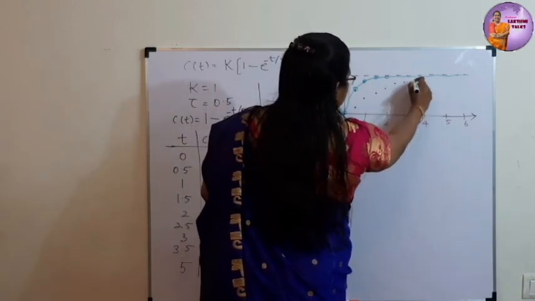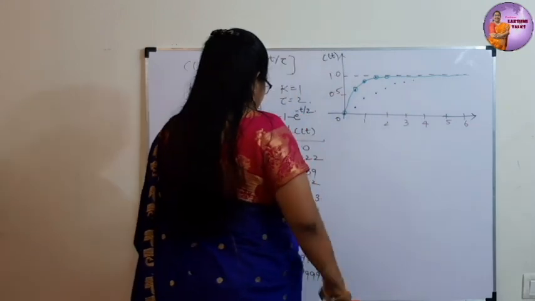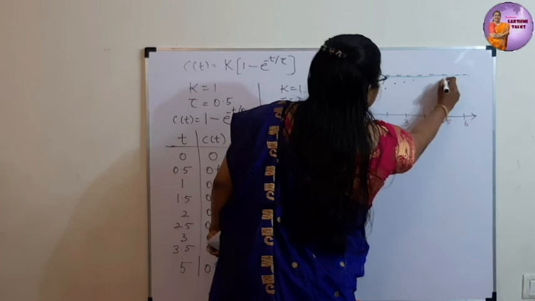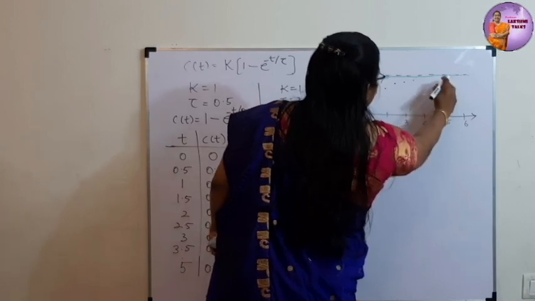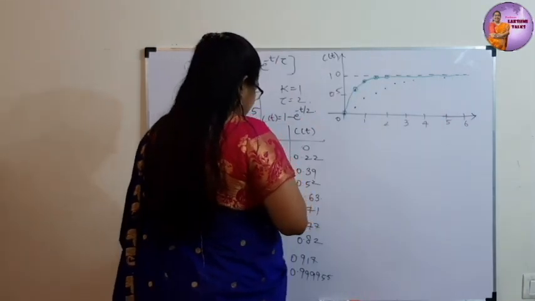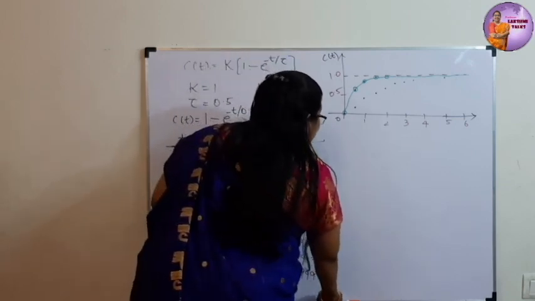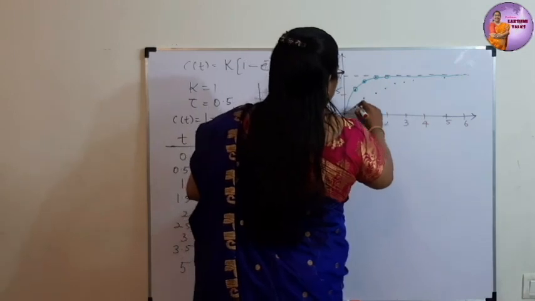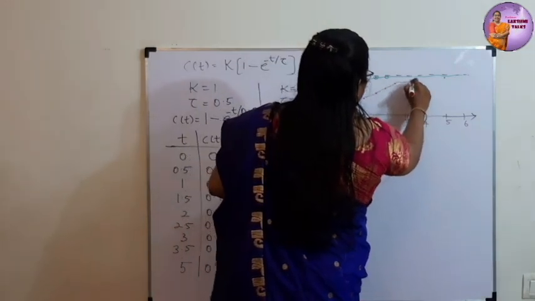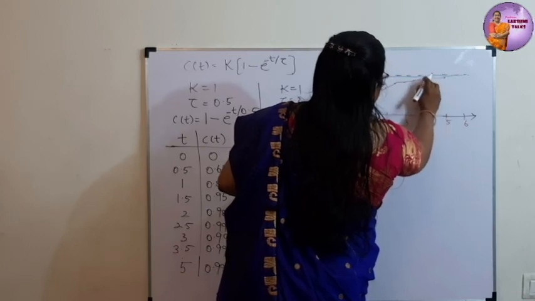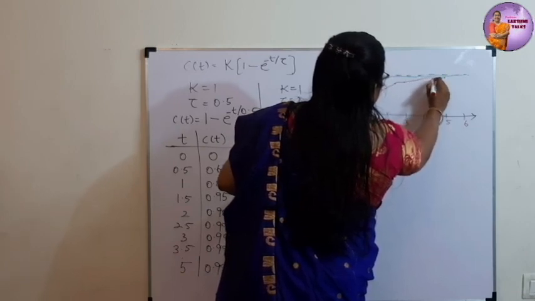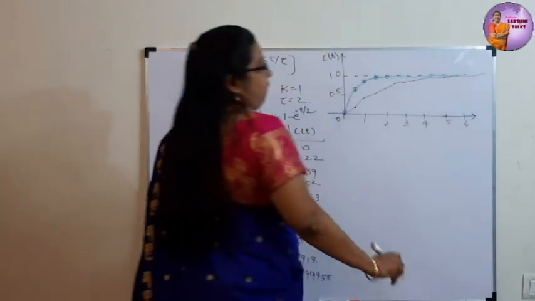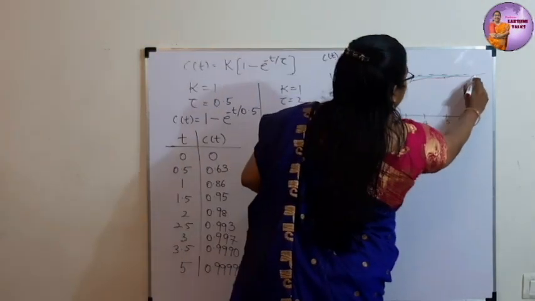At 3.5, it is 0.8. And only at 5 is it almost 0.91. If I join those values, it will take much more time to settle at 1.